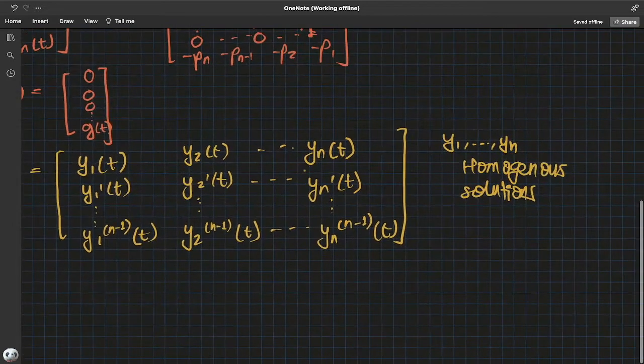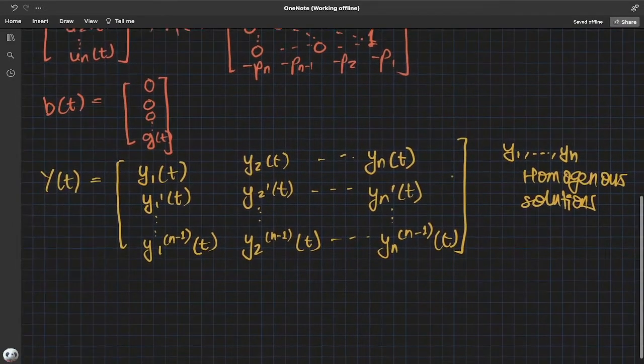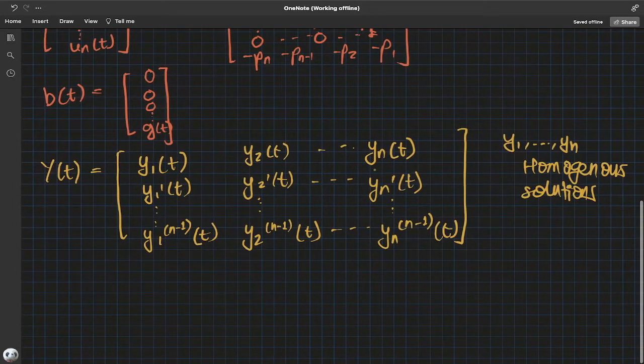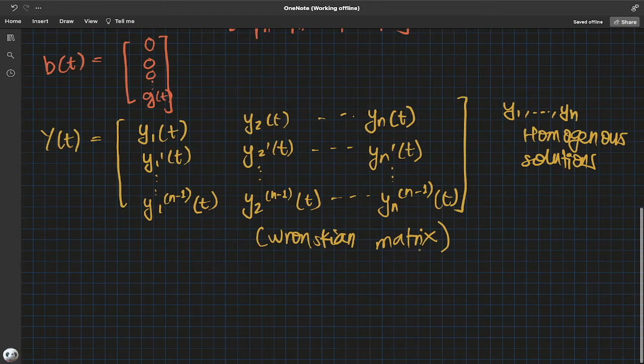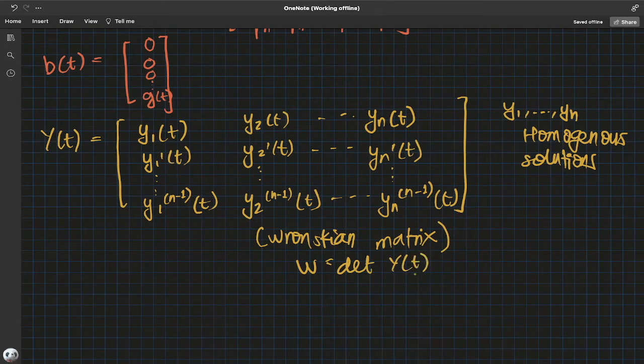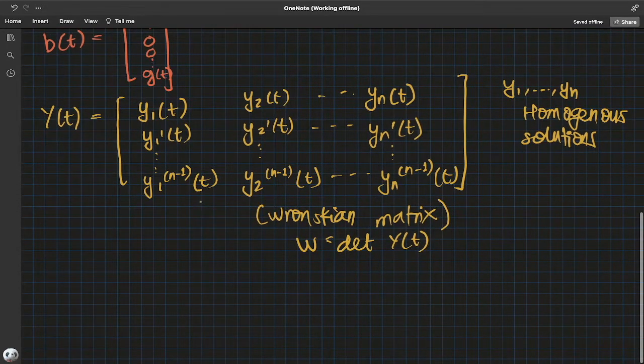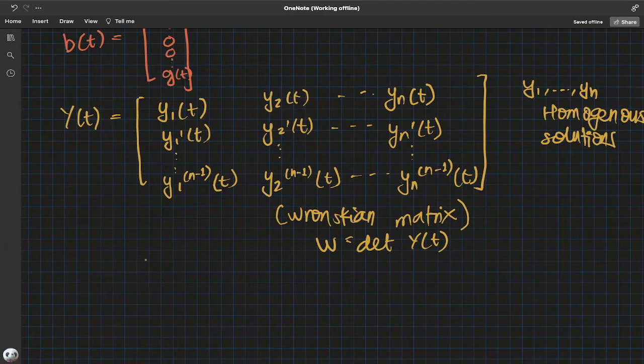Here we're calling them y, but these are the homogeneous solutions that you get from the method defined on the previous page of eigenvalues, eigenvectors. Okay, so this sort of looks like the Wronskian matrix, or to put it more succinctly, the Wronskian quantity in n dimensions, because it's an n by n matrix, is the determinant of this guy. So Wronskian is just the determinant of Y of t. That's the succinct way of putting it.